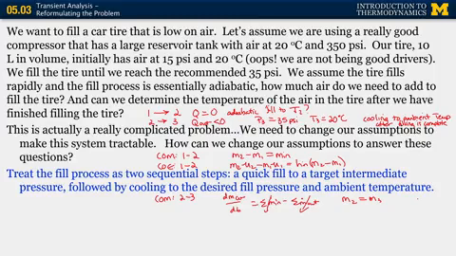Okay, now we have to consider the conservation of energy from 2 to 3. So we'll start over here, give ourselves plenty of space. Now, I'm going to get a little bit lazy here and take some shortcuts on you.